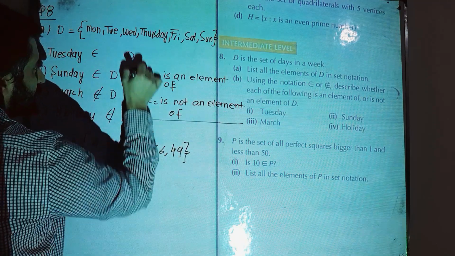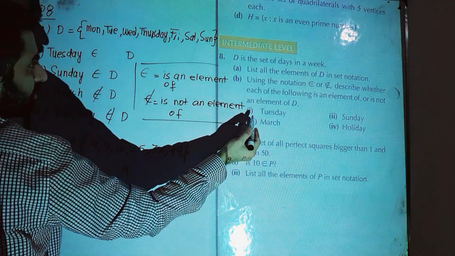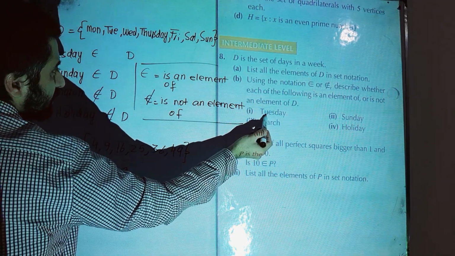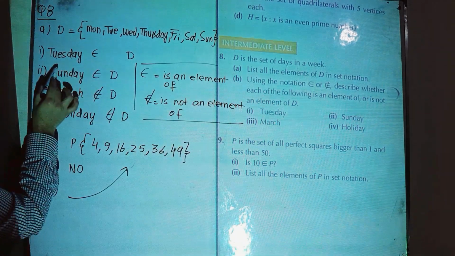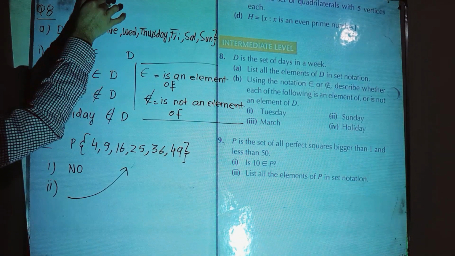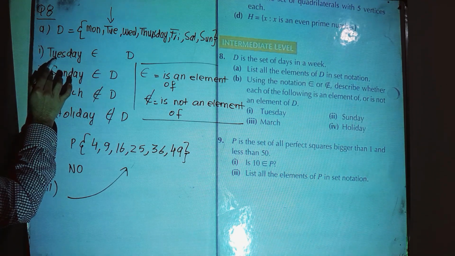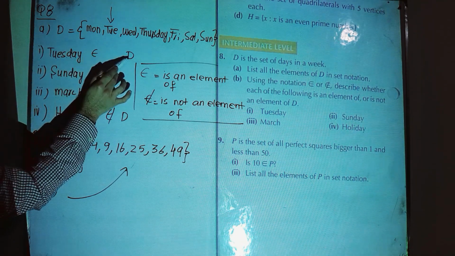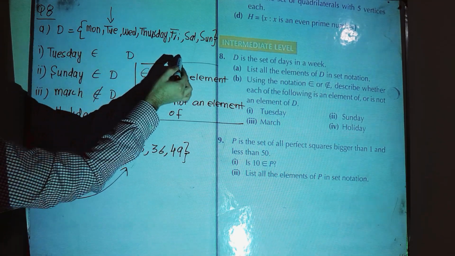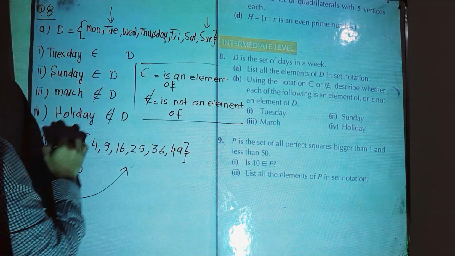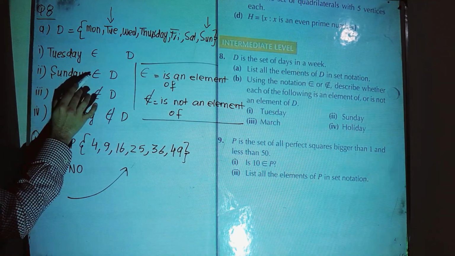Now we have to state whether Tuesday is an element of D. Yes, Tuesday is an element of D. So you are going to write like this: Tuesday is an element of D. Sunday is an element of D. Yes, we have got Sunday in the set D. So Sunday is an element of D.